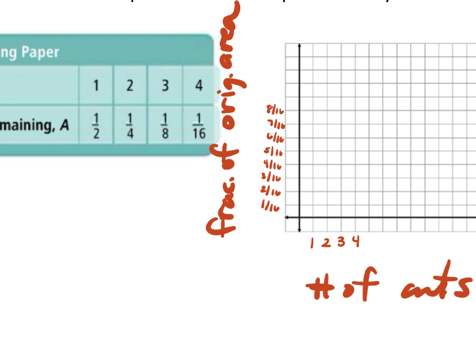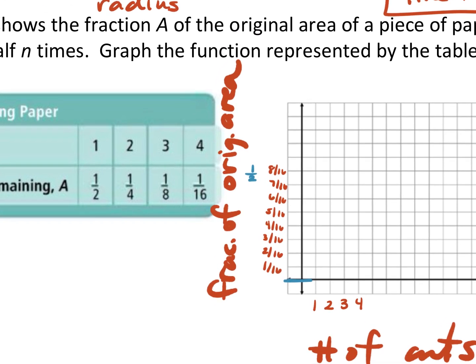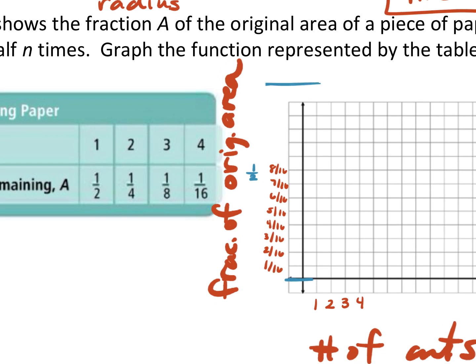And we actually don't have to go any higher than that. What is another way of saying 8/16? 1/2. Okay, so technically we're not even to the number 1 yet, right? The number 1 is going to be way up here. So all of this is just a fraction of 1, okay?